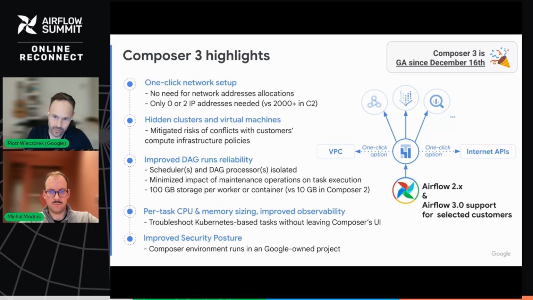We have also increased the storage per worker, and we have also added a new Celery Kubernetes executor that brings a lot of new options and capabilities to Cloud Composer, but we'll talk about that later. Also, just to highlight, Cloud Composer 3 supports both Airflow 2 and Airflow 3. As of now, Airflow 3 is available for selected customers under private preview.